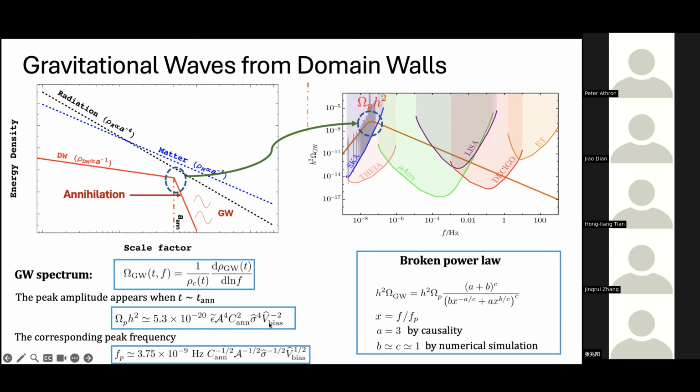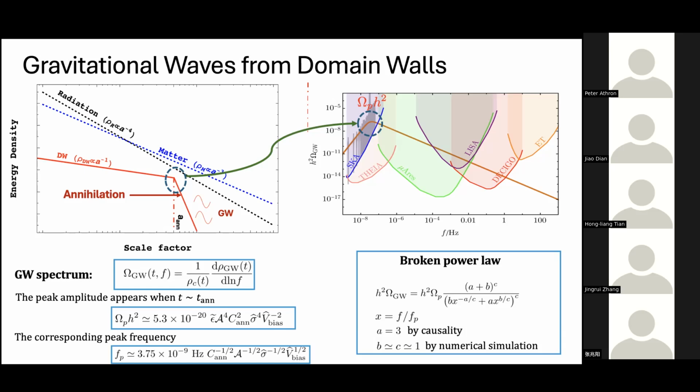That means both of these depend on the self-quartic coupling and the breaking scale of the Z2 discrete symmetry. Similarly, the peak frequency also depends on the surface tension and V bias, and hence it also depends on the quartic coupling and the breaking scale. So this was a little bit of an idea about when and how the gravitational waves are generated from domain walls.